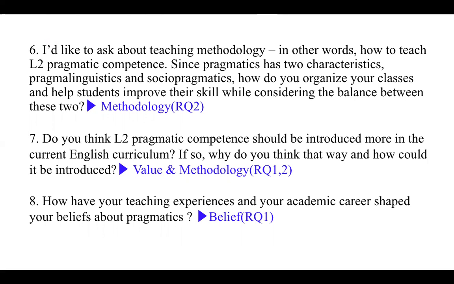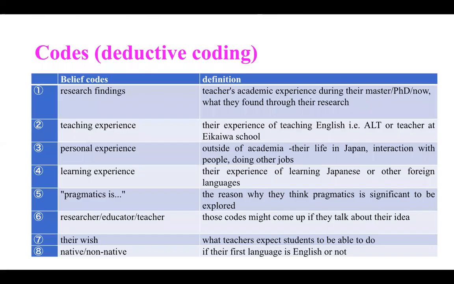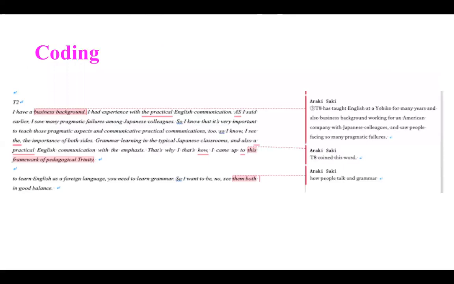So I sometimes changed my questions and tried to find some details. This is a course example of a code list, and this is also an example of the process of my coding and analysis.